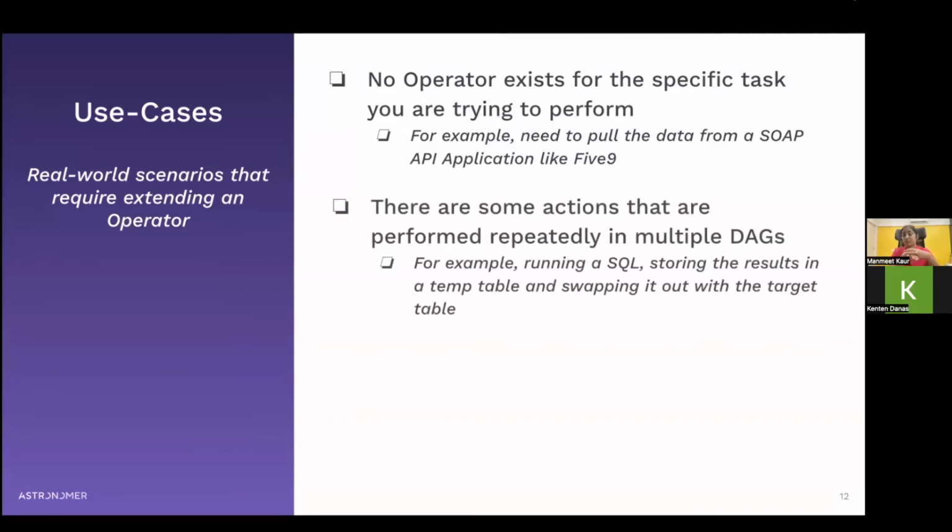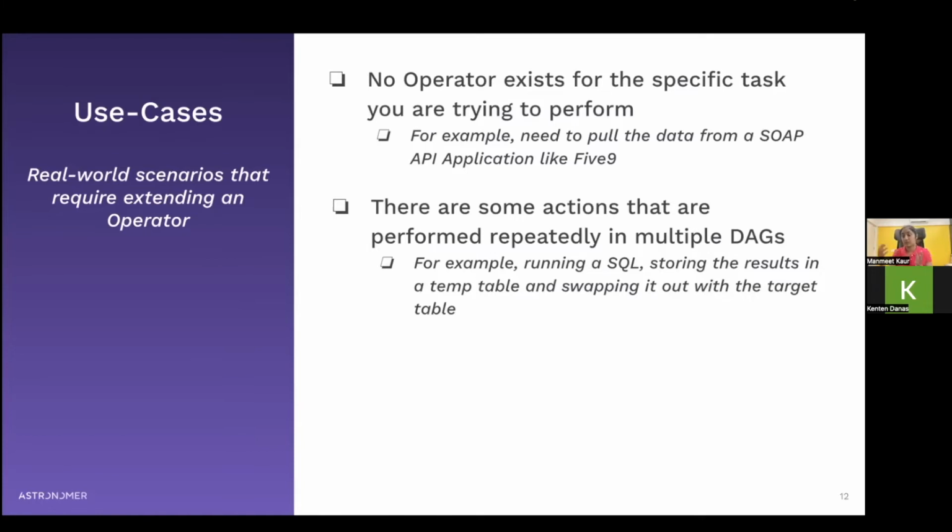Another example, which is very, very common, is where we have some repetition of code. This is very similar to the concept of object-oriented programming, where you modularize the code for the ease of debugging and maintaining the code. So for example, you have a SQL query, which is supposed to run against the database. You want to store the data into a temp table, and then you swap it out with the target table, right?